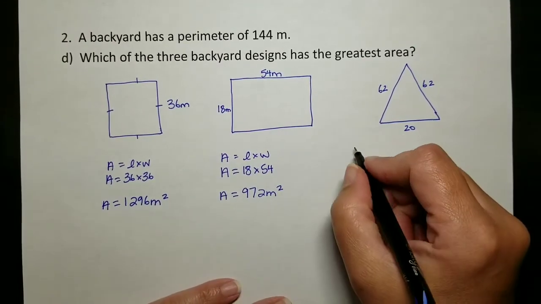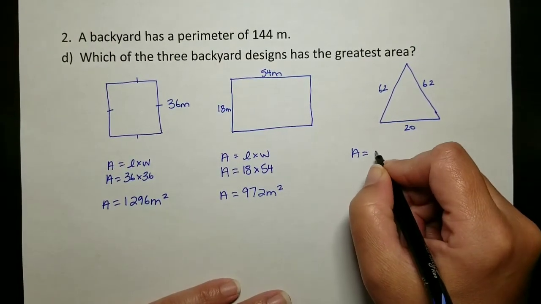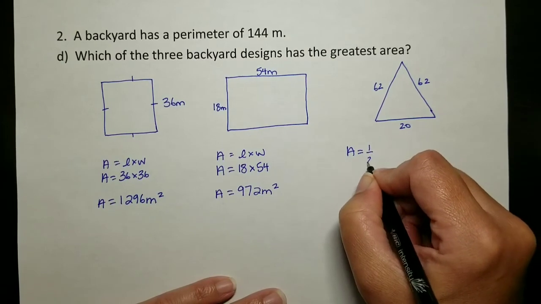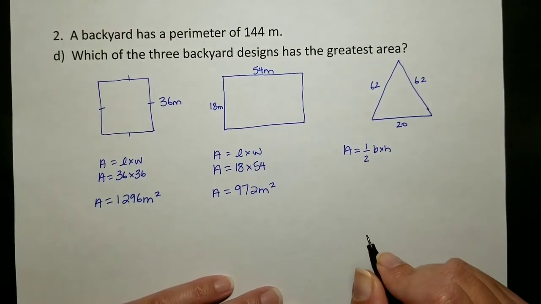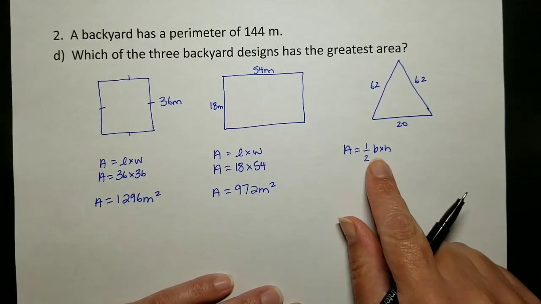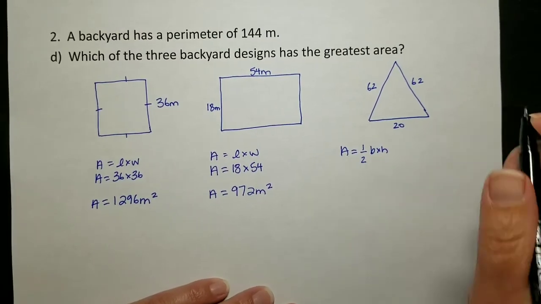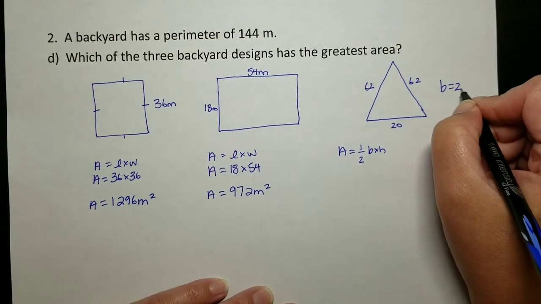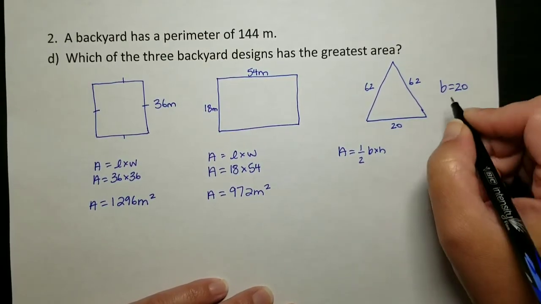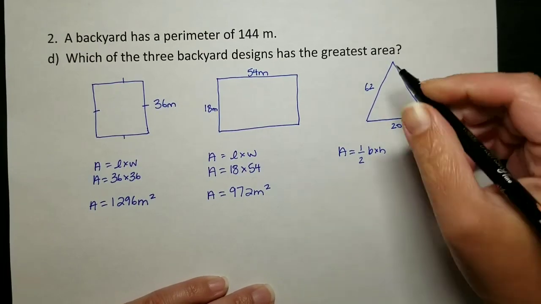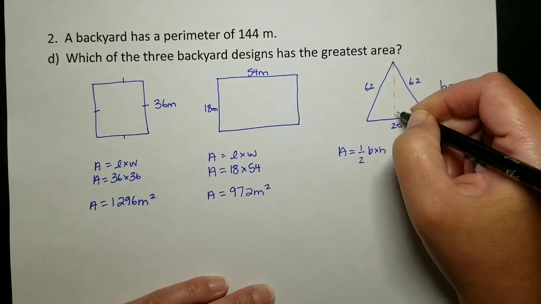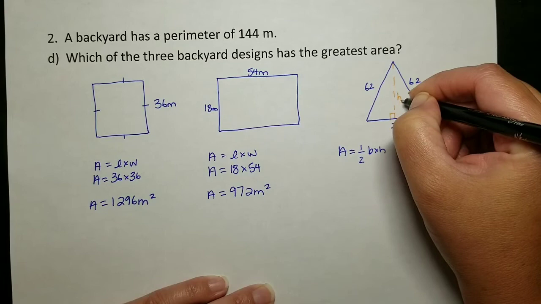What's the formula for area of a triangle? You might say, hopefully, it's 1/2 base times height, or base times height divided by 2. So we know the base. The base is 20. What's the height? How could we figure that out? Height, remember, is straight down through the middle.